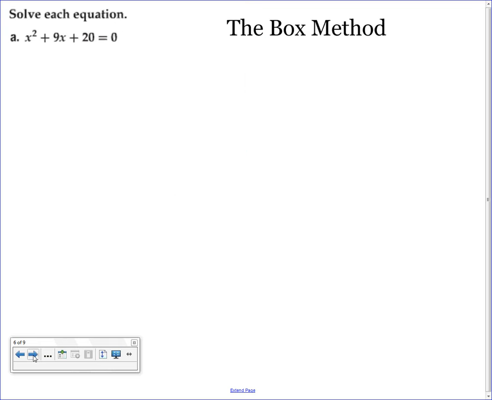All right, step 1. We are going to create a box. We're going to divide that box into 4 equal parts. All right? Now, this first term, x squared, goes right here into this first box.